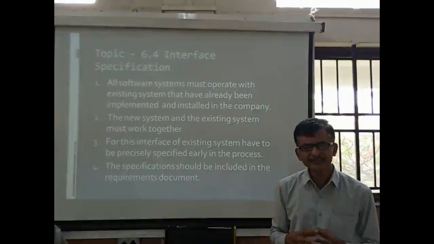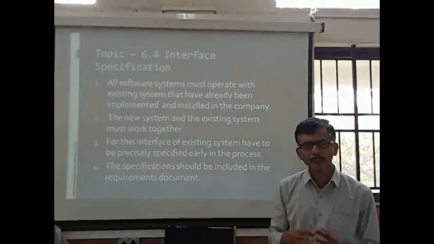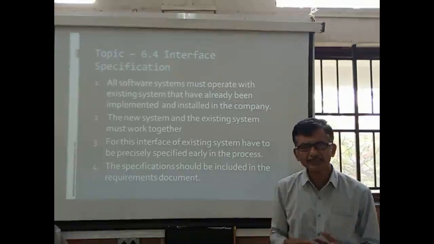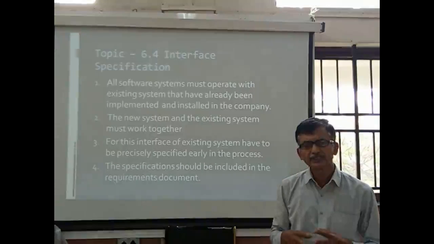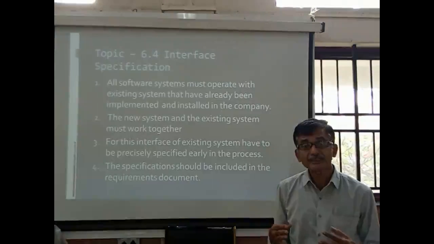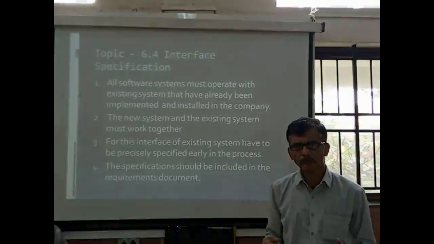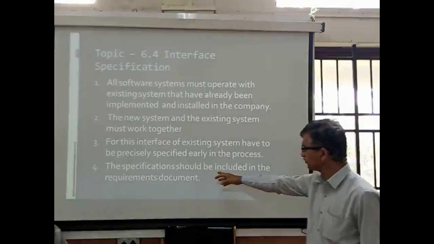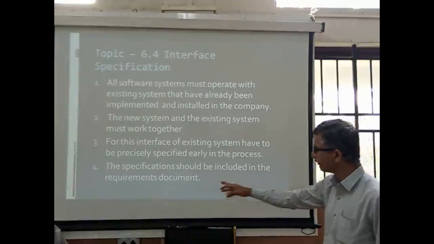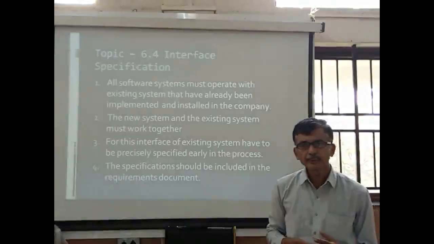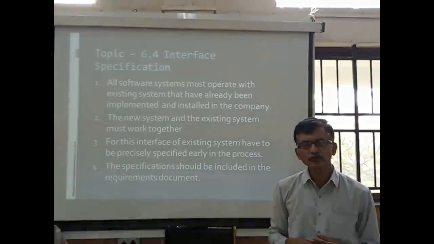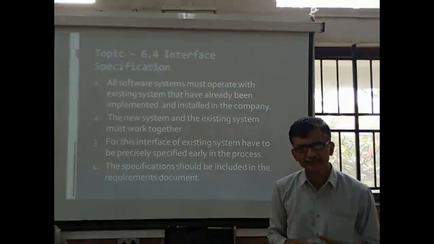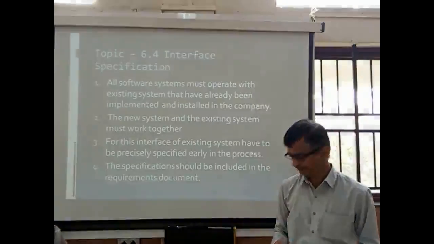Because the existing system is already functional, you cannot change it. Whatever possible changes or new concepts you want to introduce should be introduced in the system under development. So interface specifications are important. The specifications should be included in the requirements document. That is why in the requirements document, which calls for user requirements and system requirements, even the interface specification should be noted properly.